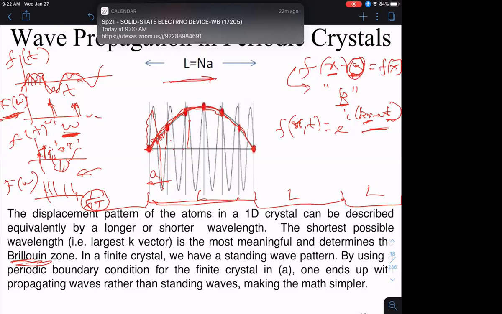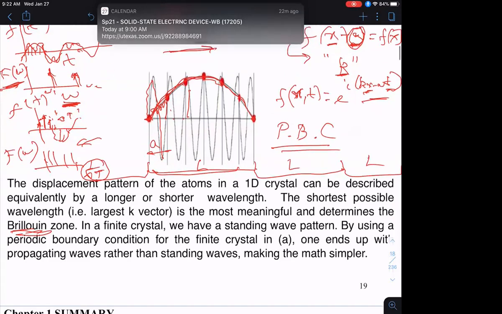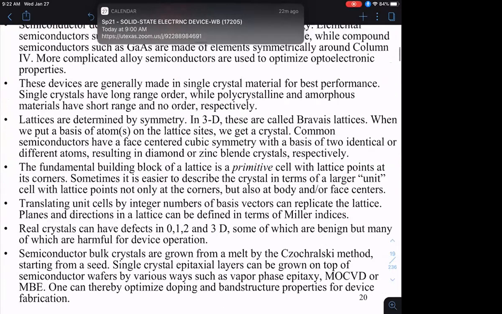And that mathematical trick is known as a periodic boundary condition, okay? So you take a real finite size crystal, but by mathematically mapping it from minus infinity to plus infinity, you make it look like an infinite crystal so that you can have traveling waves rather than standing waves in the system. Don't worry too much about the details. Like I said, the details will come in chapter 3 when you look at things like band structure.